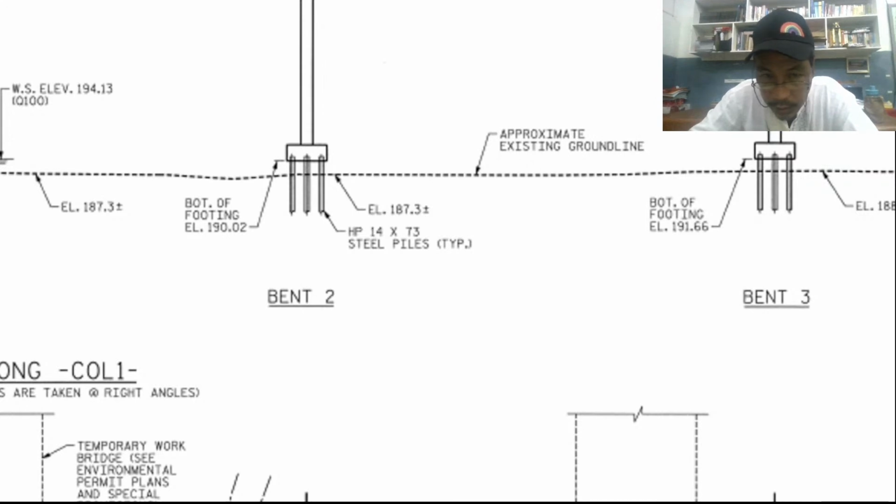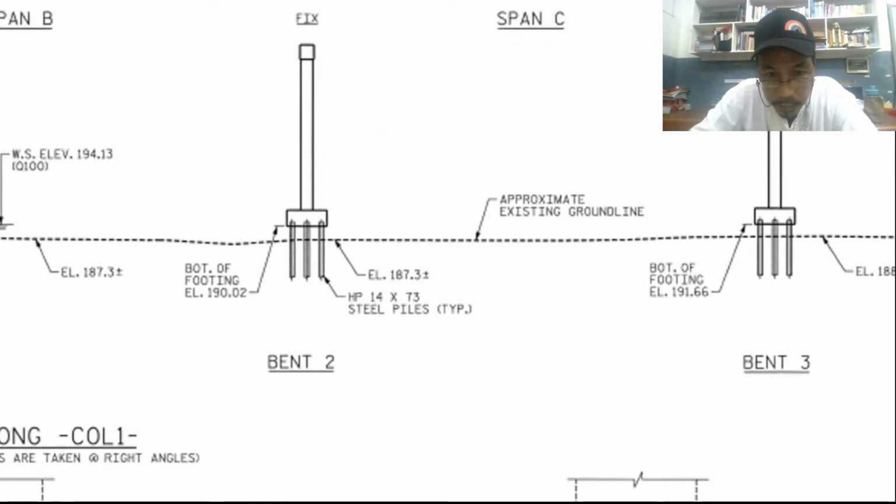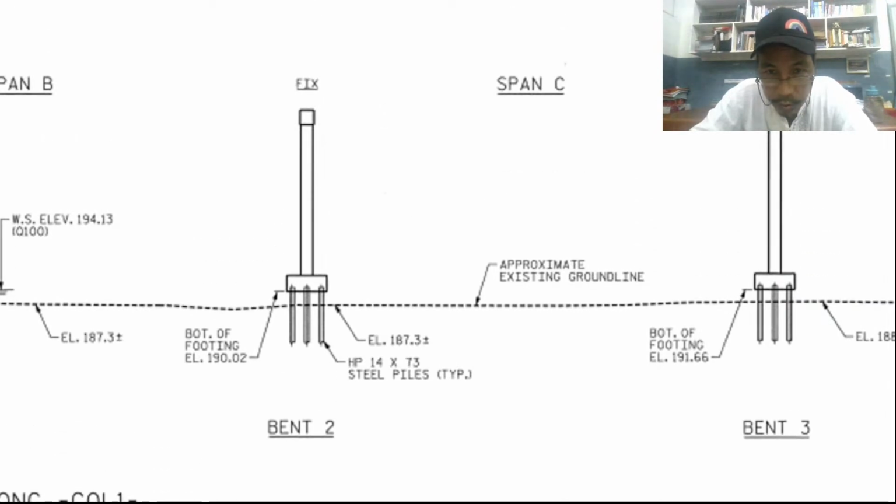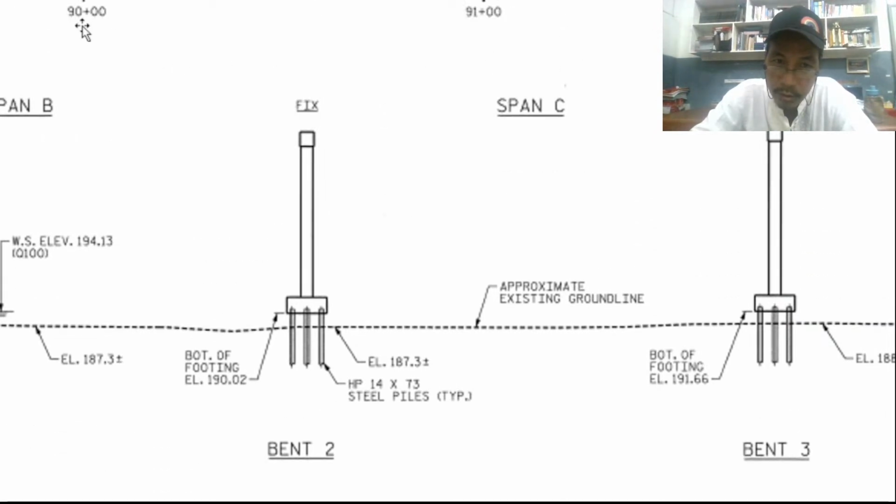So again, let us go back to the top. As you can see, we have the elevation view. So now we are on 90 plus 00 and 91 plus 00. That is our reference grid now.